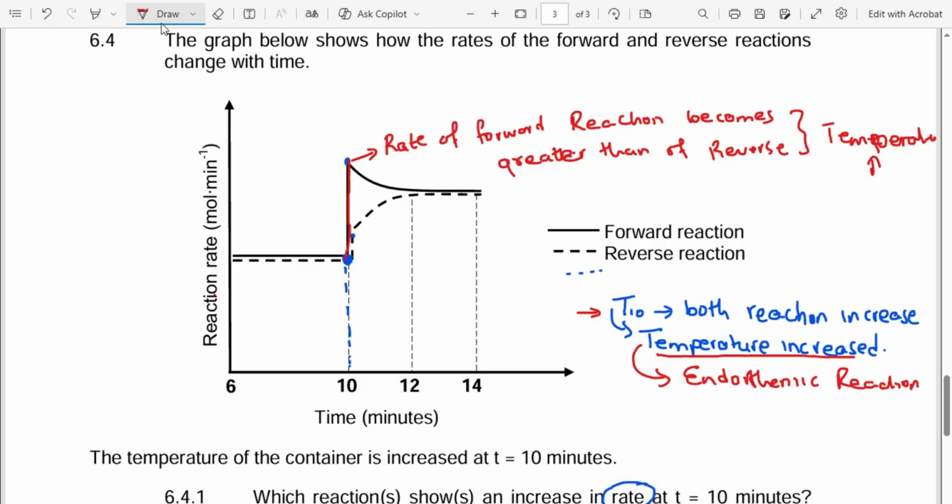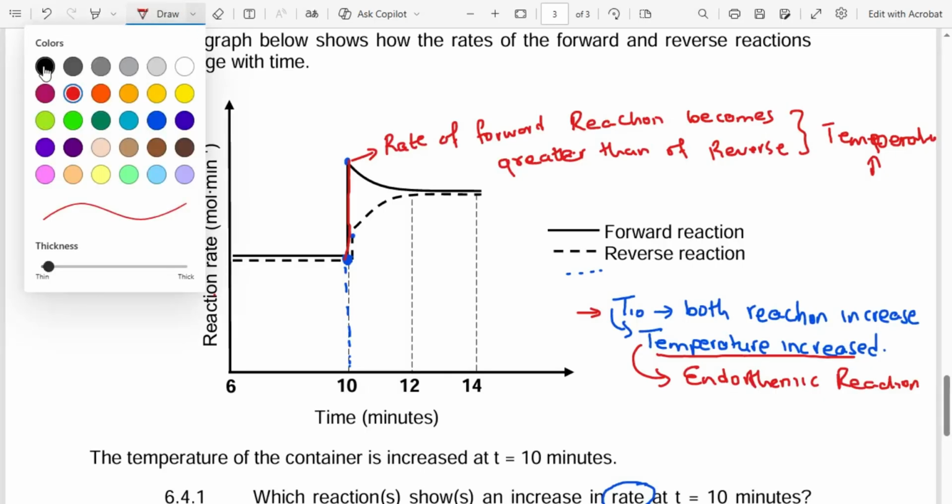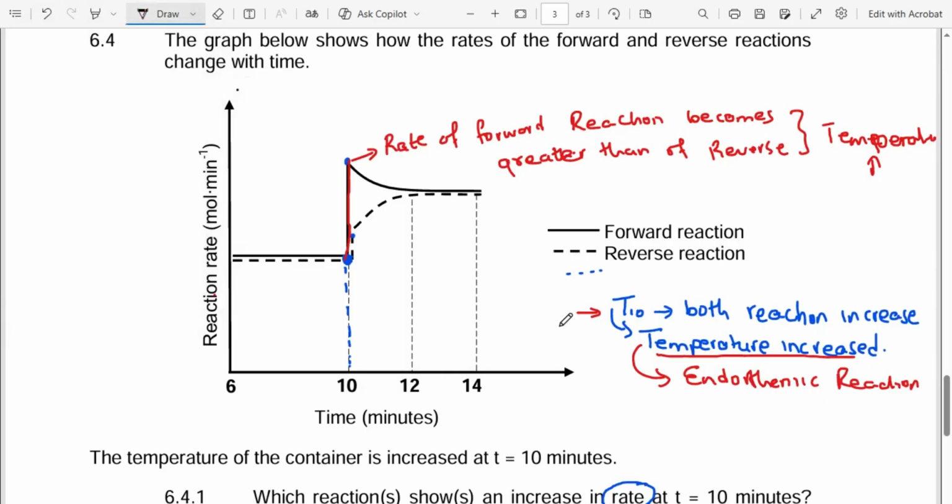So now you can see that if the forward reaction is favored, what happens? It's endothermic, right? The forward reaction will be endothermic because heat must act as a reactant. The heat must act as the reactant in the forward direction.